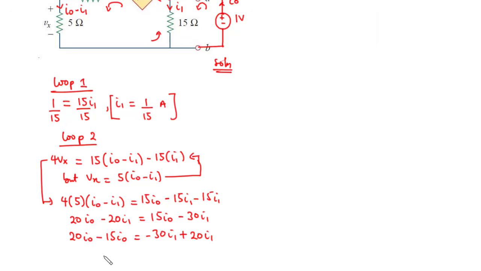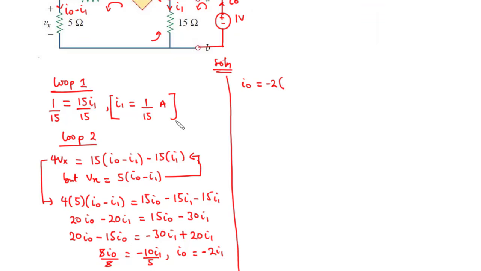Now on the left hand side we have 5 I0, and that is equal to, on the right hand side we have negative 10 I1. Now we can divide through by 5 so that we have I0 equals negative 2 I1. So I0 is equal to negative 2 times I1, which is 1 over 15. So that becomes negative 2 over 15. So that is the value of I0, negative 2 over 15 amperes.